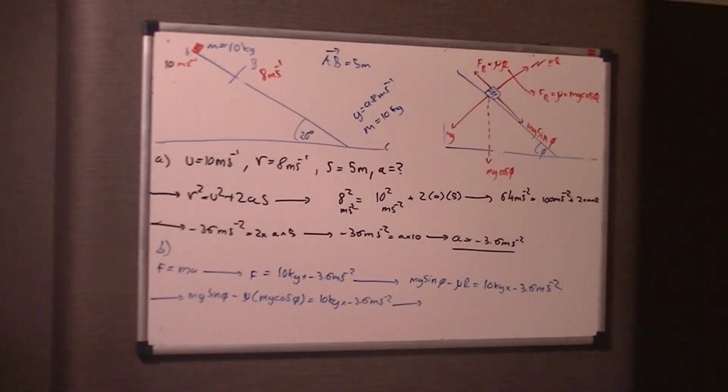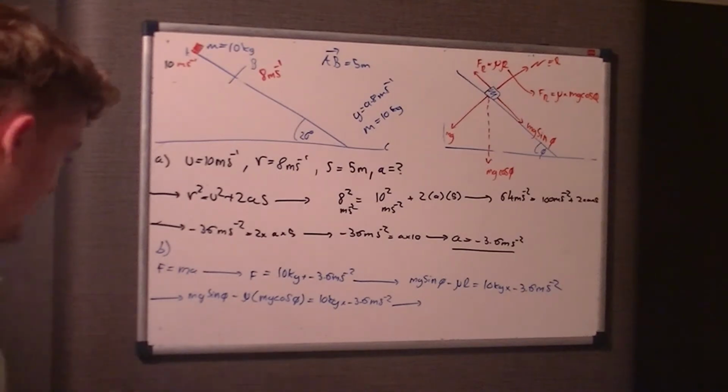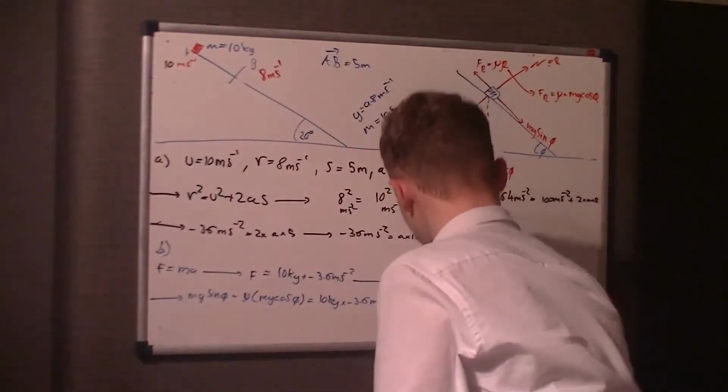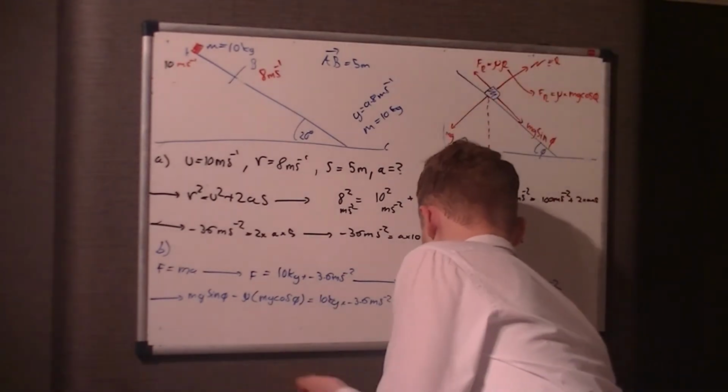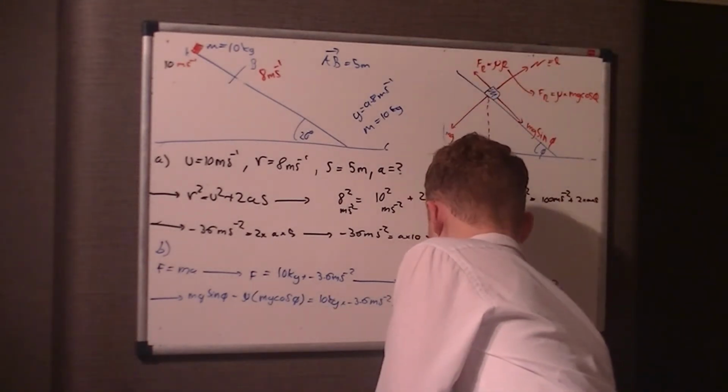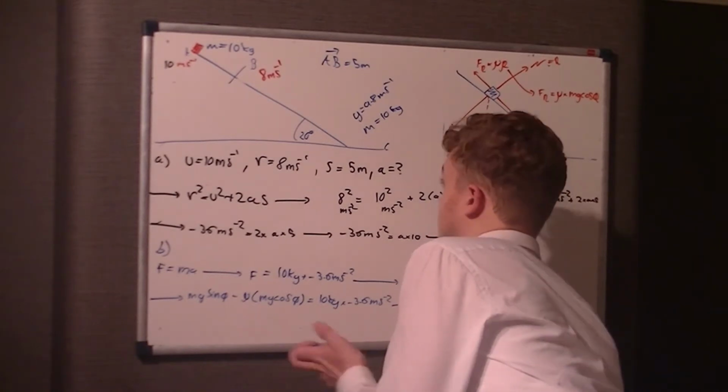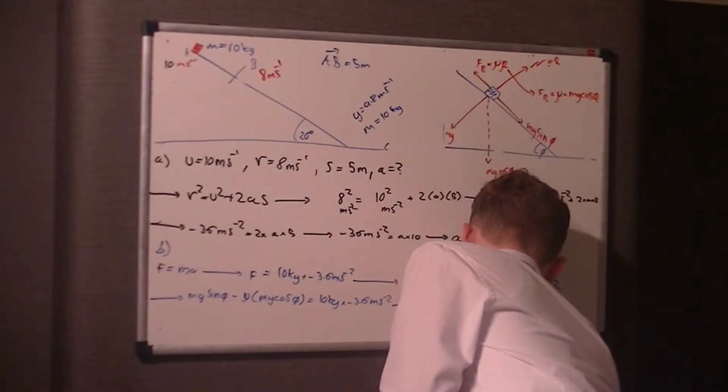Okay, so calculator's happy. Plug in what you know. So 10 times g, I'm going to leave it as g, times sine of theta, being 20, so sine 20. Remember, keep it in degrees.